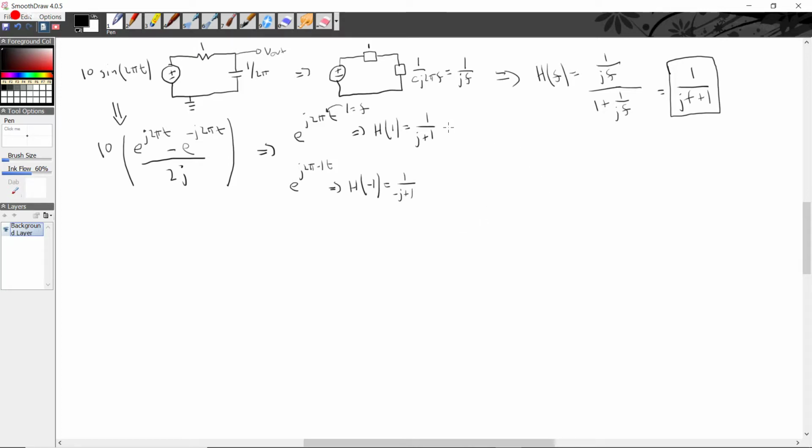And I'm just going to simplify these really quickly. So I don't really like to deal with j's in the denominator. It's much easier to multiply by the conjugate and get them on the top. So this is equal to 1 minus j over 2. And this is equal to 1 plus j over 2. And you can just figure that out by multiplying by the conjugate.